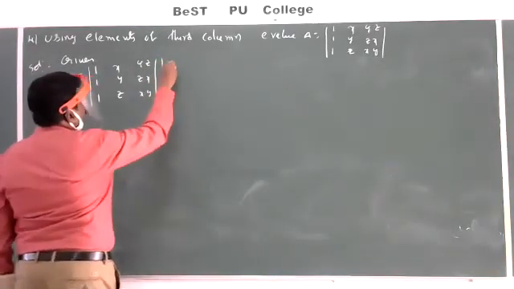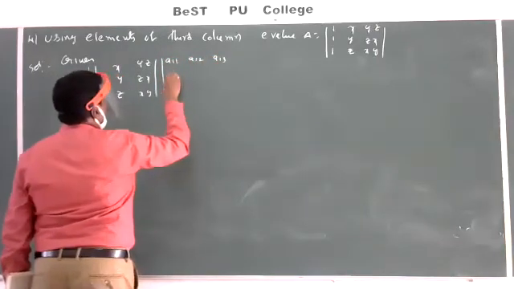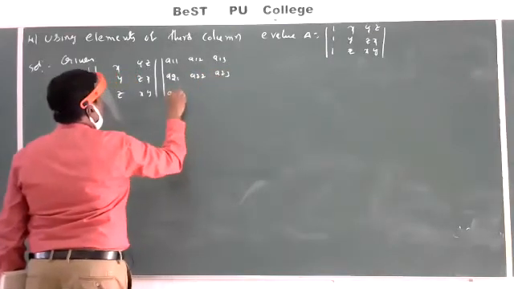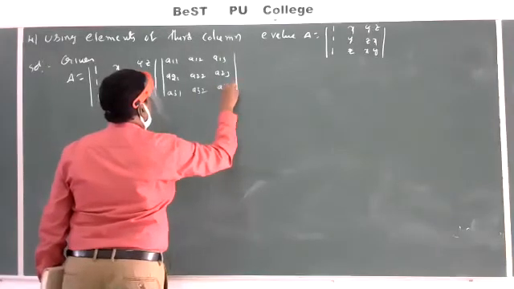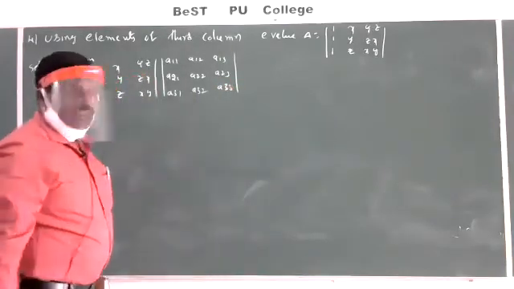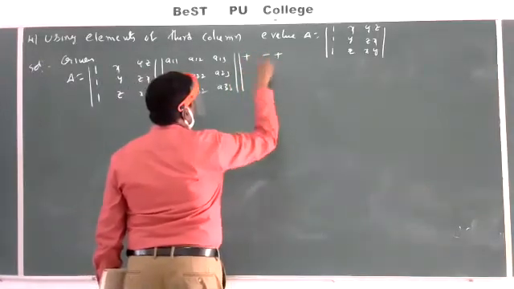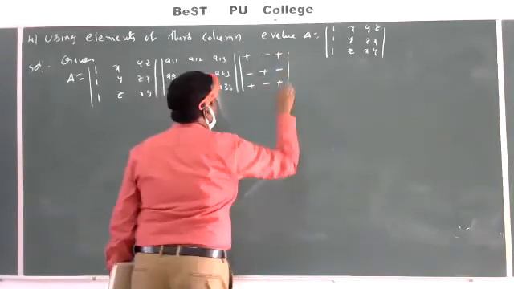This is equal to [A11, A12, A13; A21, A22, A23; A31, A32, A33]. Here the sign pattern is plus, minus, plus, minus, plus, minus, plus, minus, plus.